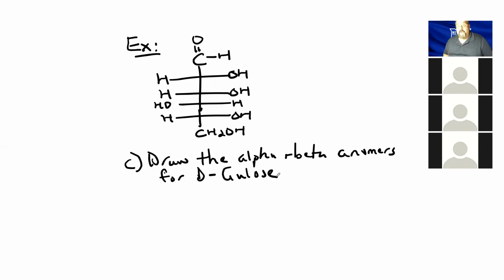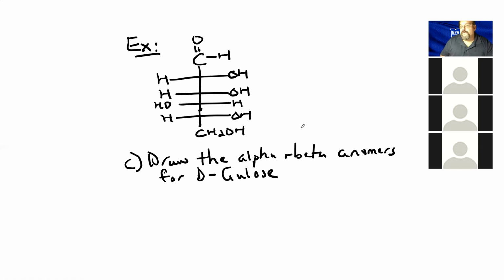And for monosaccharides, when a monosaccharide takes a cyclic form, there are two possible versions that exist for that cyclic form. There's what is known as the alpha anomer, and there's what is known as the beta anomer.